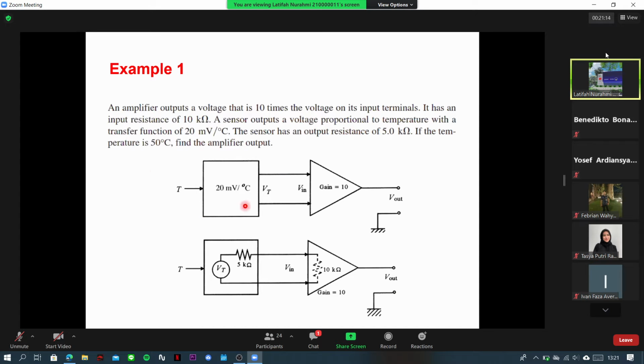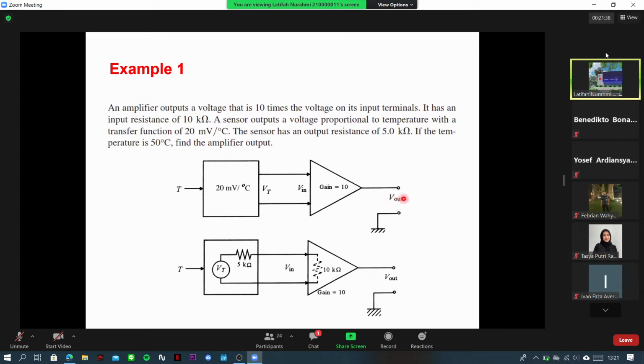Let's go back to the diagram. You have the voltage produced by the sensor, which we call Vt. Then this Vt will be transferred to the amplifier as Vin, then this Vin will be amplified to be the Vout.